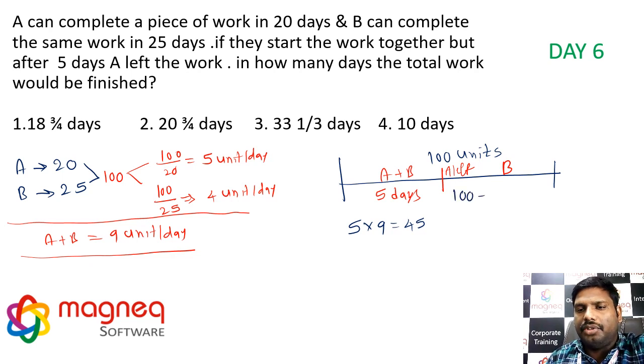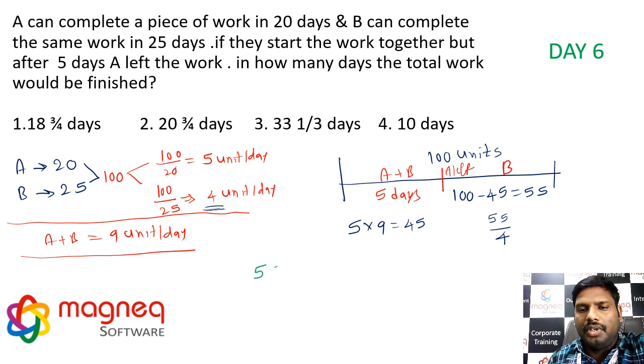Total 100 units minus 45, remaining 55 units. 55 units of work should be completed by B only. B's capacity is 4 units per day.